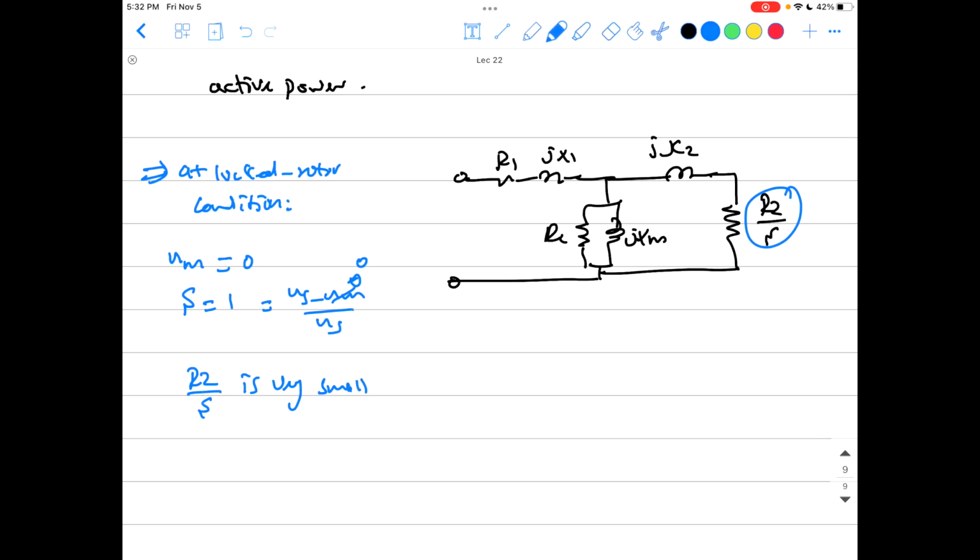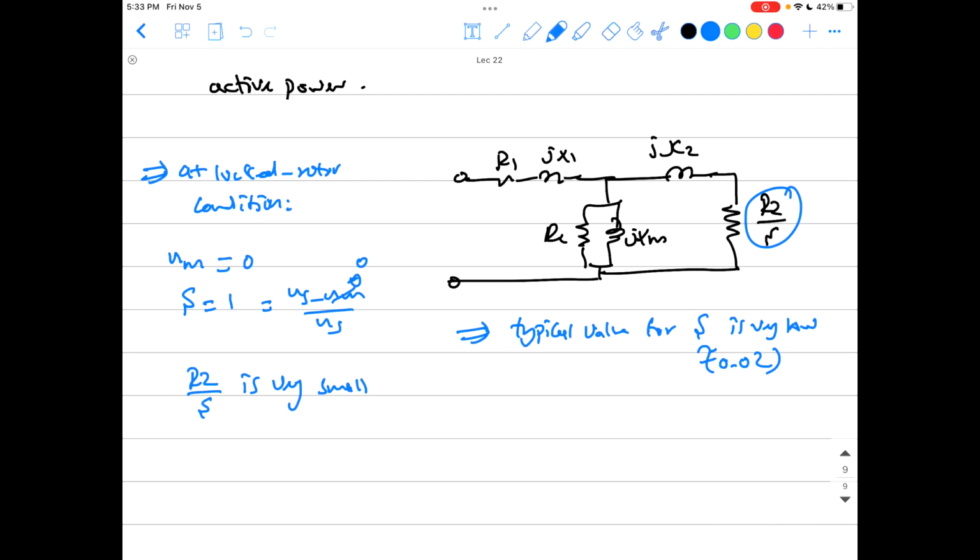Why? Remember when I said before that the typical value for the slip is very low. It is in fractions of 0.02, something like that. So the actual speed nm of the machine is very close to the synchronous speed. That means the slip value typically is very, very small.